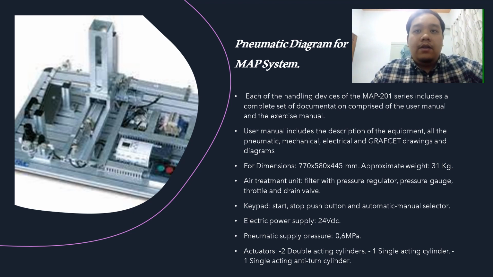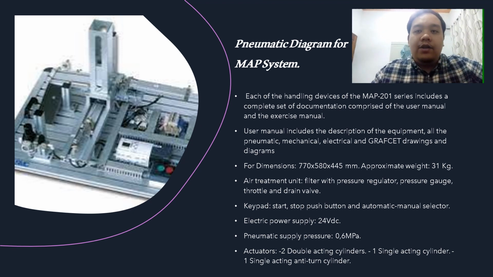The dimension is 770 by 580 by 445 millimeters. Approximate weight is 31 kilograms. The air treatment unit has a filter with pressure regulator, pressure gauge, throttle and drain valve. The keypad has start and stop push buttons and an automatic manual selector.